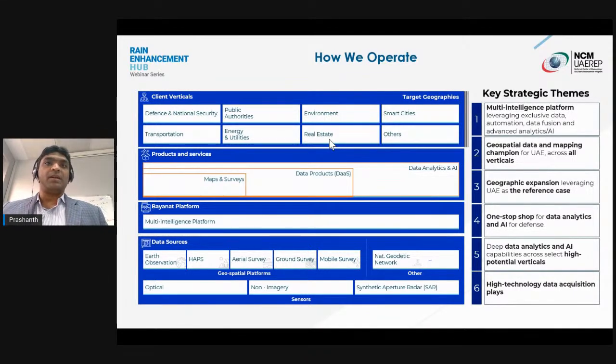Both in terms of images and non-imagery things like point measurements, for example, using GNSS or RF-based systems and so on. On top of that, we have the multi-intelligence platform, which supports a lot of products and services such as maps, data products, and value-added services on top with AI and data analytics included, serving a variety of clients.